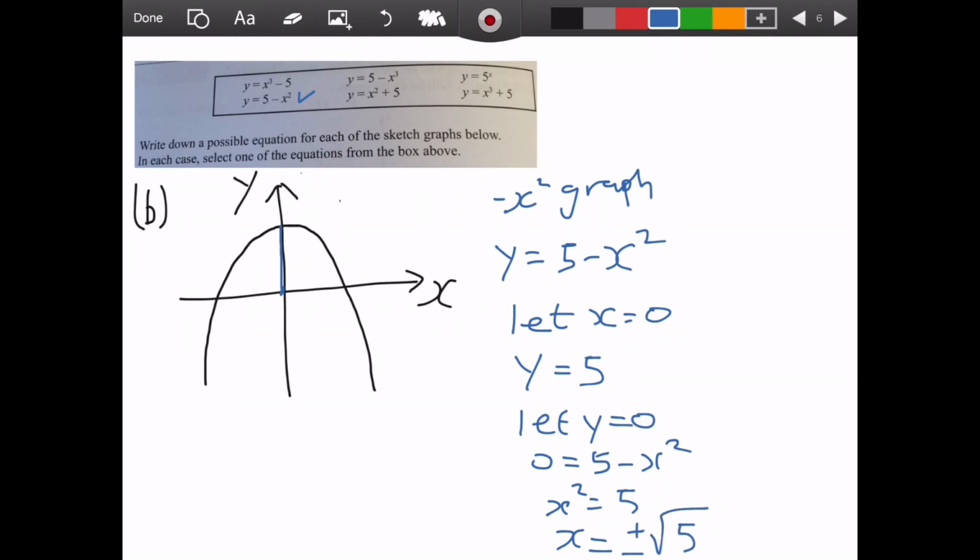So when y is equal to 0, we see that x indeed is a positive and negative number. There are two x intercepts for this graph. So yes, this equation is correct. Y equal to 5 minus x squared. Again, you cannot verify it for sure like in graph paper, because this is just a sketch. So you got to guess. You got to do it by elimination as well in order to get to the right equation.